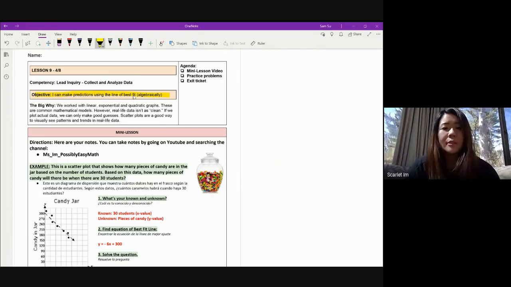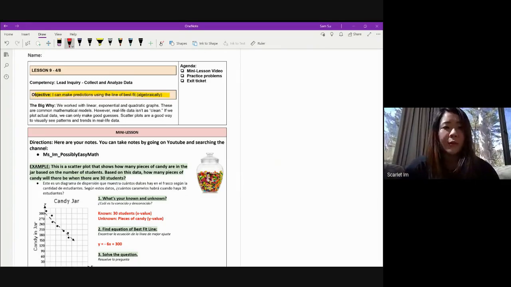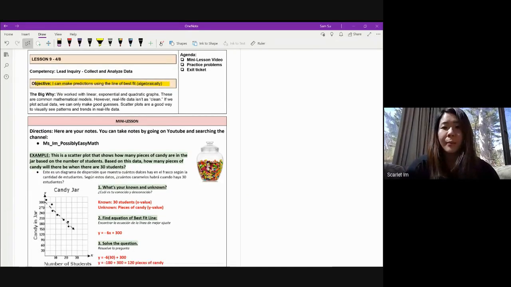Previously in our lesson, what I write in red you don't have to write down, but if I write in purple, please make sure you're taking down your notes. That means it's really important. Previously, we were thinking about what a line of best fit is.